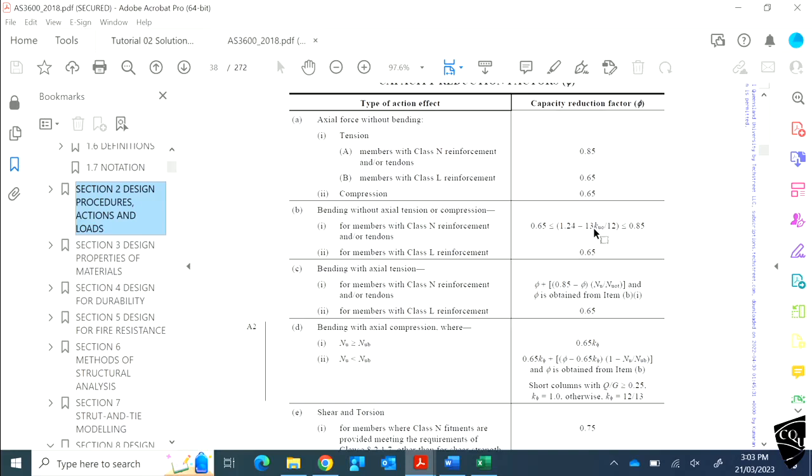Any value you can put 0.36 or less, you will get phi is equal to 0.85. If you substitute Ku is equal to 0.36 there, you will get exactly 0.85 as a phi value, because phi is equal to 1.24 minus 13k.